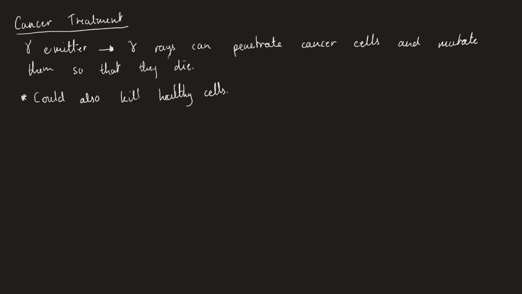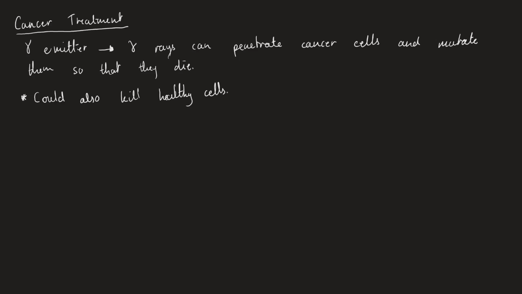We do have to know the position of this cancer, and we have to decide on a gamma emitter that has a relatively safe amount of radiation. This is where we're going to have to start comparing between different radioactive sources and their half-lives and activities.